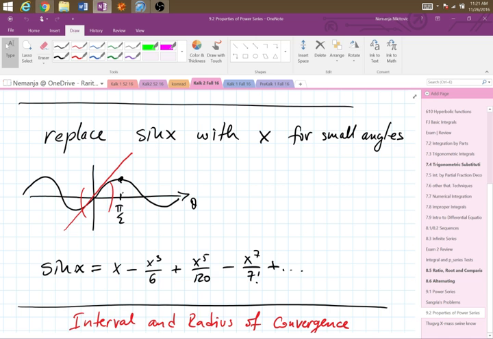And here is the full expansion. I was lazy to compute 7 factorial, but you have x minus x cubed over 6 plus x to the fifth over 120 and so on and so on. You can go infinitely far.